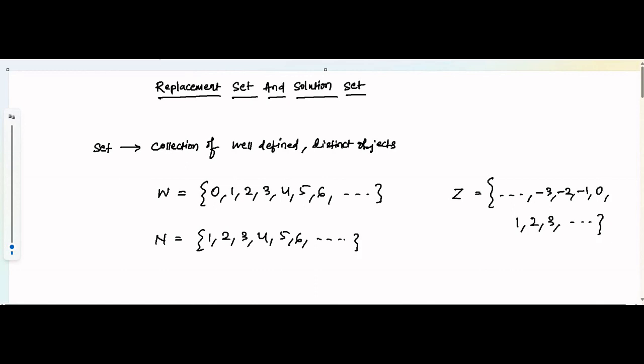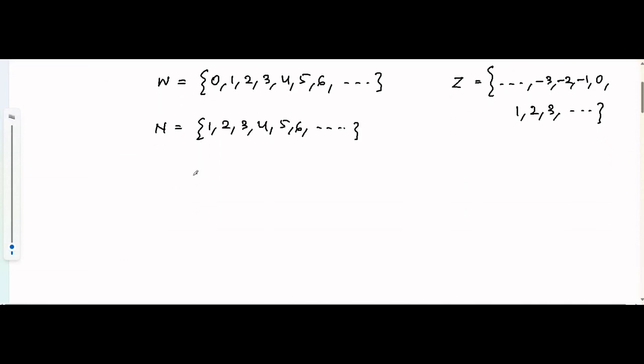Then we have sets of rational numbers, irrational numbers, positive integers, negative integers.